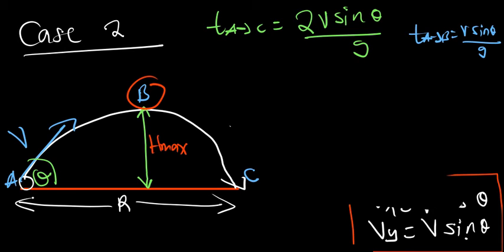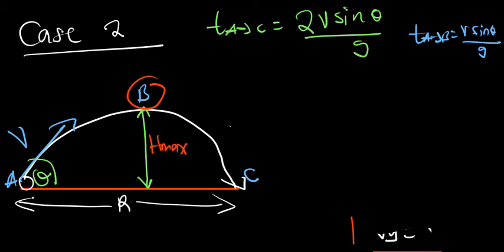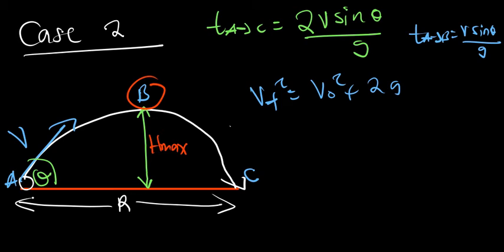Now another thing we have to know is how to find the height. So how would we find the height? It comes from v final squared is equal to v initial squared plus 2gh.